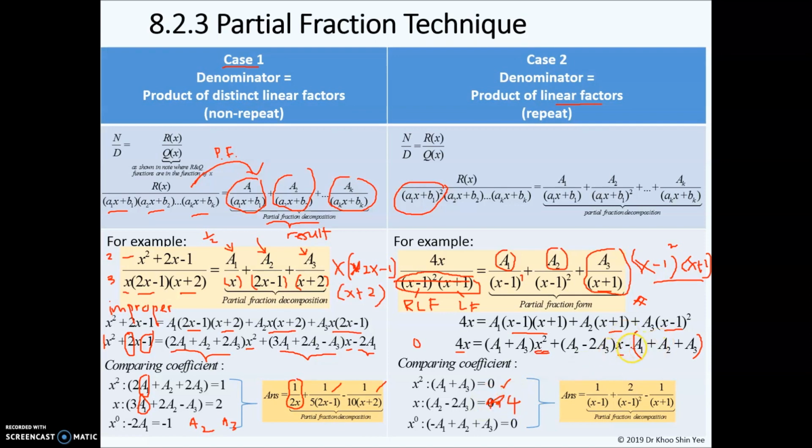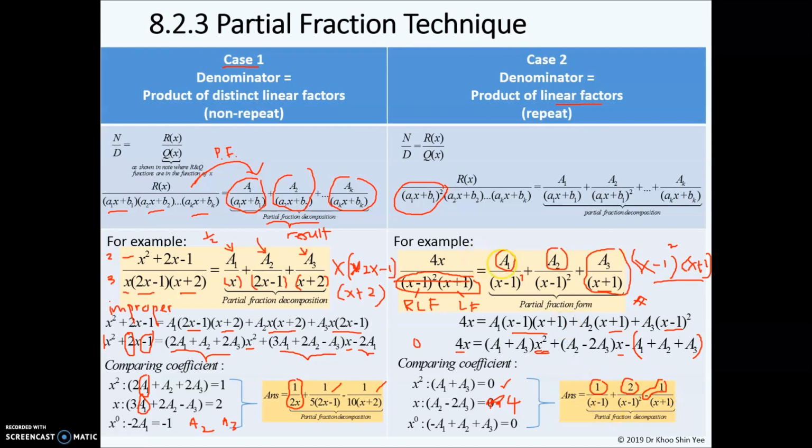And lastly, minus a1 plus a2 plus a3 is equal to 0. So from here, we can form 3 equations to solve 3 unknowns. By solving this, you should be able to obtain a1 equal to 1, a2 equal to 2, a3 equal to negative 1.